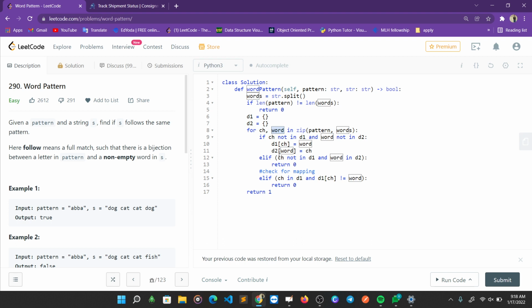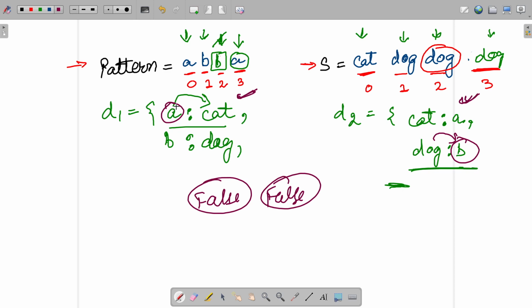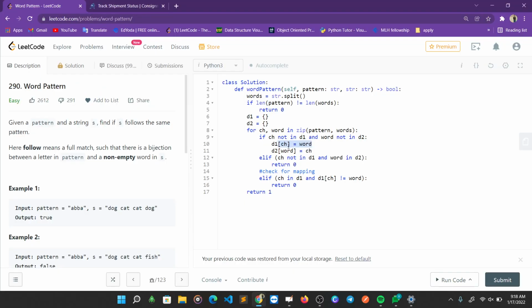Now what we do is as simple as that. If the character is not present and the word is not present, it basically means these are new things, so we do the mapping. If the character is A and the word is cat, the dictionary of character is equal to the word, and similarly for the word also.